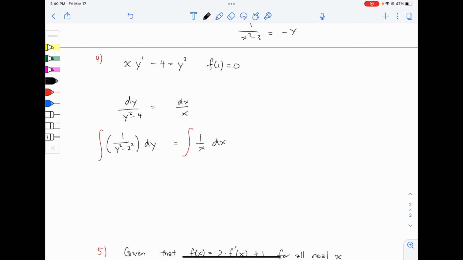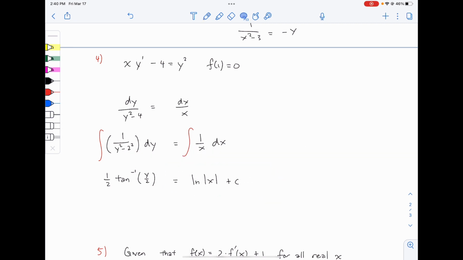This gives us 1 over 2 tangent inverse of y over 2 plus c equals ln of the absolute value of x plus d. Now, if you're getting tired of writing so many constant variables, you can just write the plus c right away without writing any constant here.